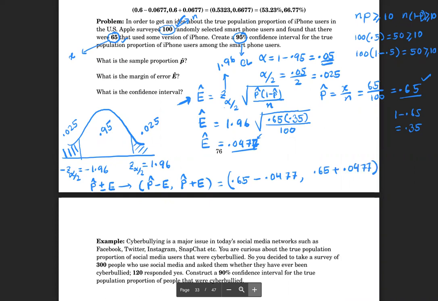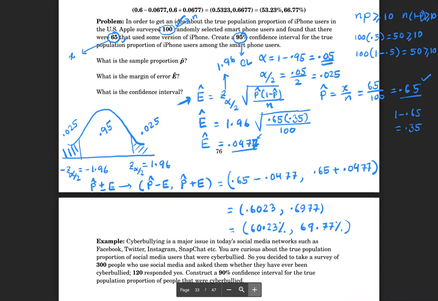So let's see, 0.65 minus 0.0477 is 0.6023, comma 0.0477 plus 0.65 is 0.6977, which, by the way, equivalently could be written as 60.23%, comma 69.77%.